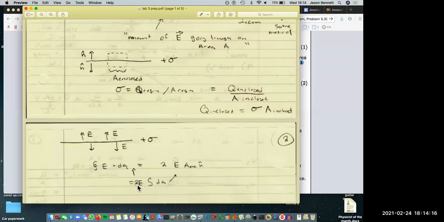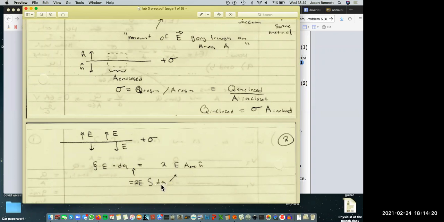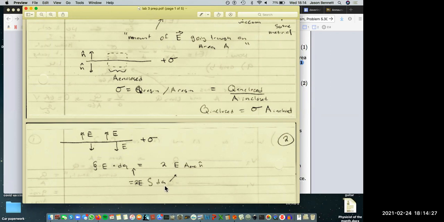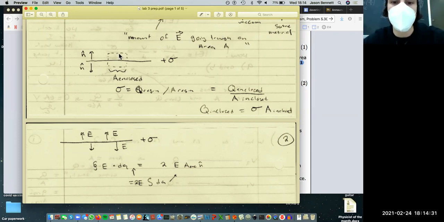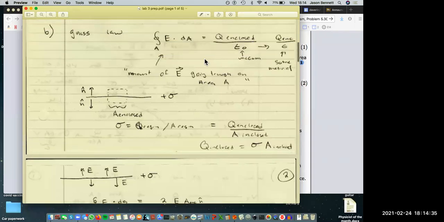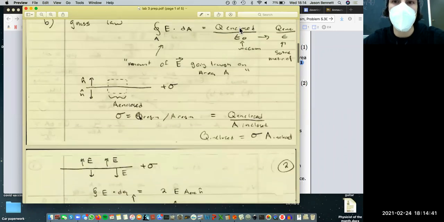So I have a 2E. And just from vector calculus, if you integrate an infinitesimal area element, it just turns into the whole area. So now I have 2E, the area of my Gaussian surface, Q enclosed.